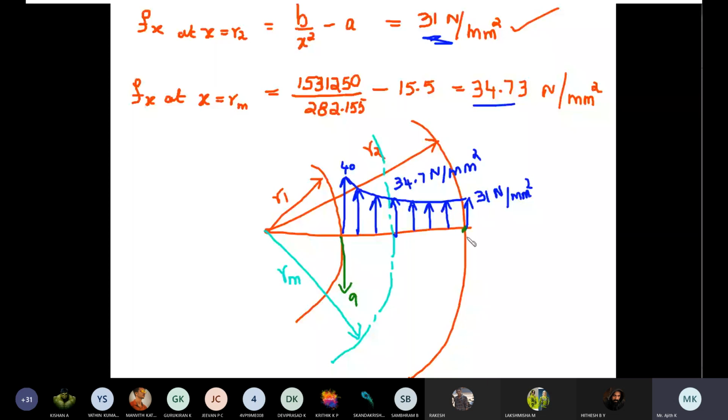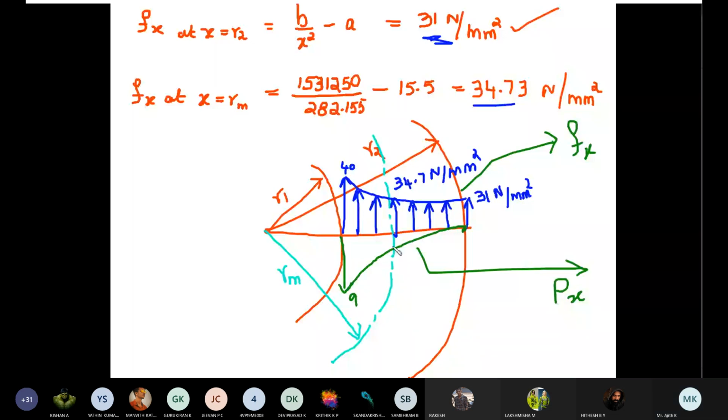So this will be the plot of px. This is the fx plot, and this is the px plot. And at the middle surface you have a px value of 3.7 Newton per mm square. This is 9 Newton per mm square.